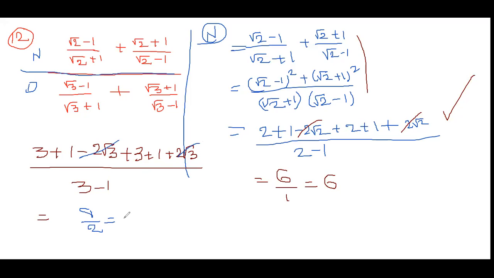The resultant is 4. Now your final answer: in the numerator you got 6, in the denominator you got 4. So 2 twos are 4, 2 threes are 6. Your resultant answer is 3 by 2. That is option number 2.